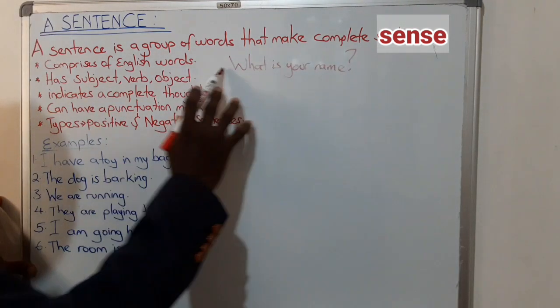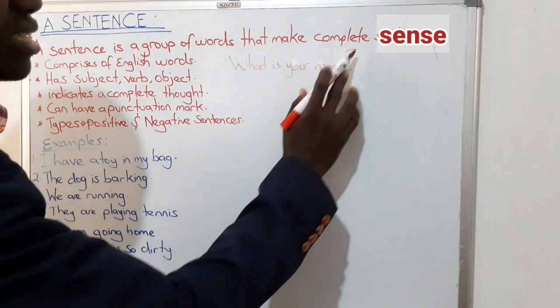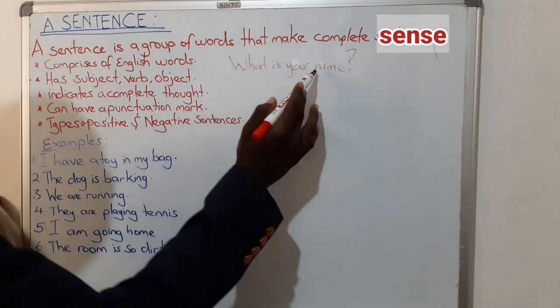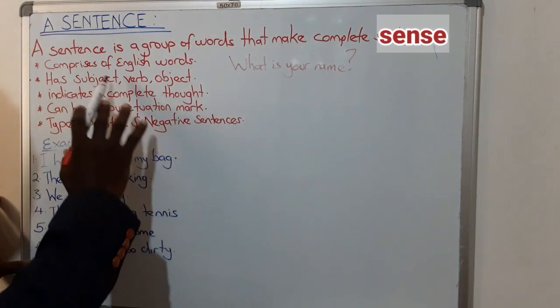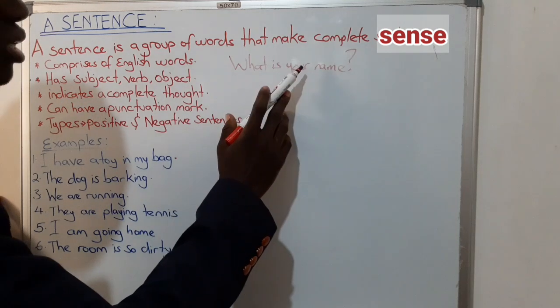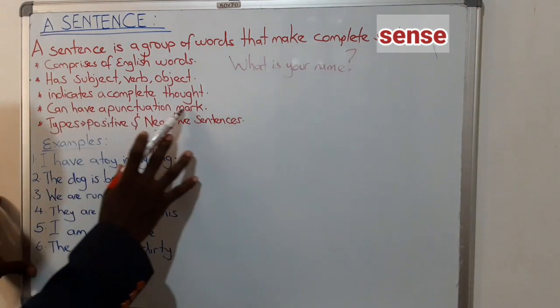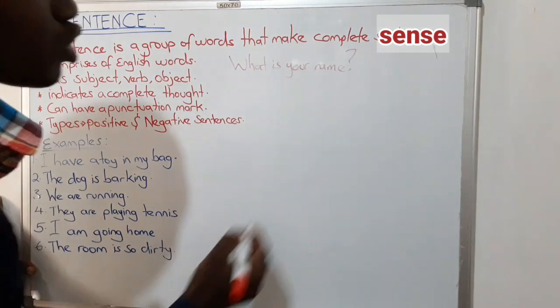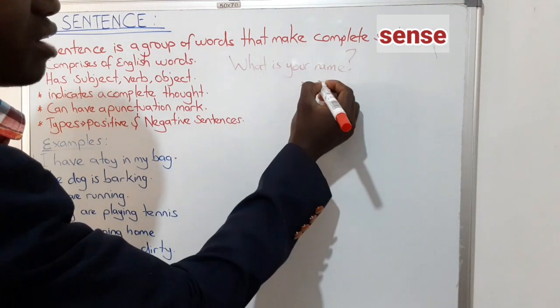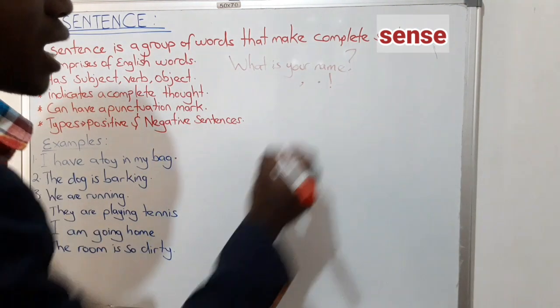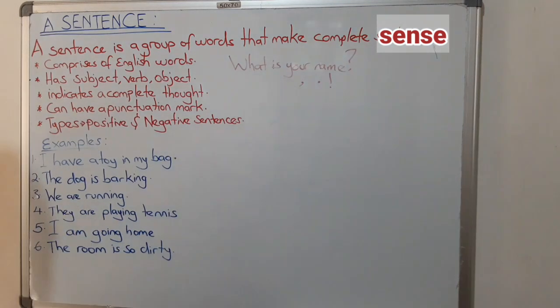In other words, this sentence is a question. It's asking someone about his or her name. So this sentence is a question because it ends with a question mark. So a sentence can have punctuation marks like a question mark, a comma, a full stop, and an exclamation mark. It depends on what kind of sentence it is.